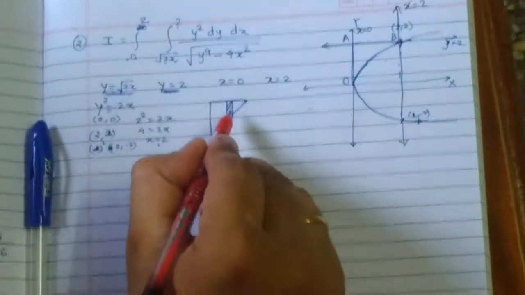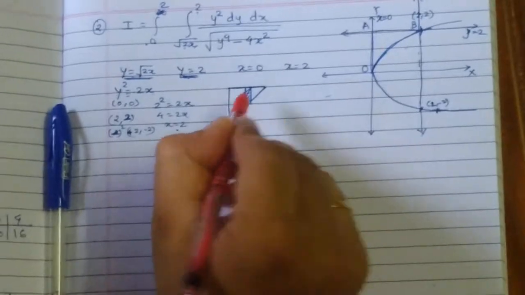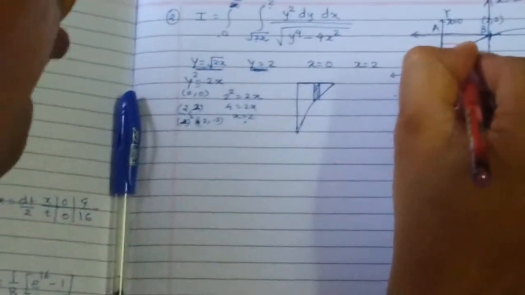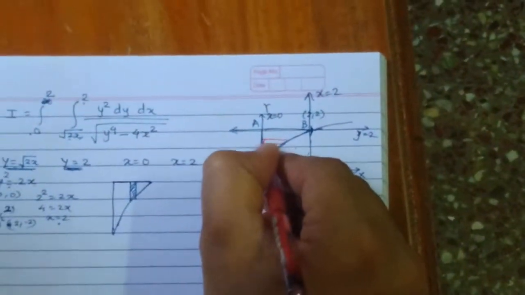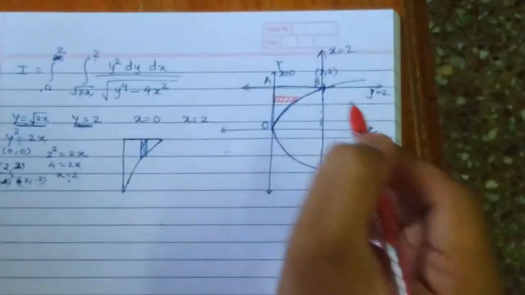So to change the order of integration, in the original problem my strip is vertical, hence to change the order of integration I will make it horizontal and we will work out the limits of the integral.